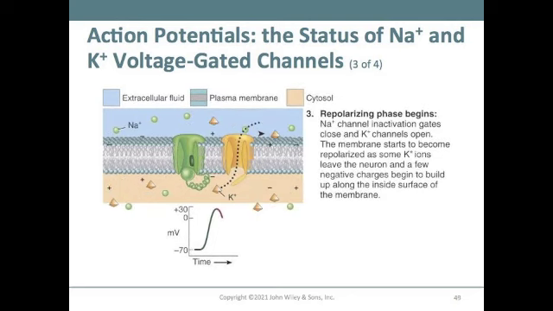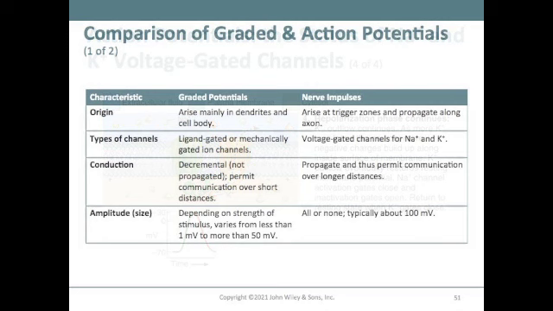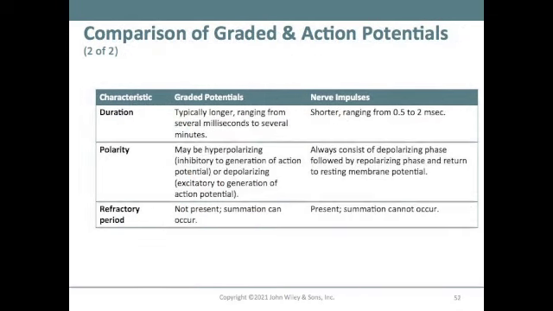And then as we get to the repolarizing phase, the potassium ions are going to start to move out. And then finally, we get back to where we're at here with the repolarization continuing. Now our concentrations are a little bit more like they were when they started out on the resting state on the first slide regarding this. And for more information on this, you can look at the table on page 444.